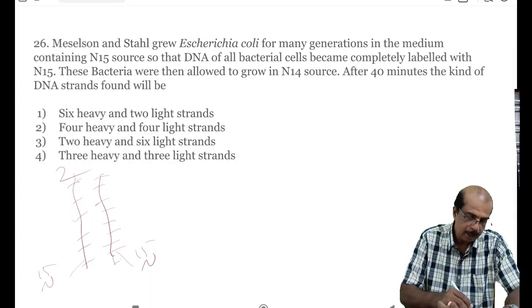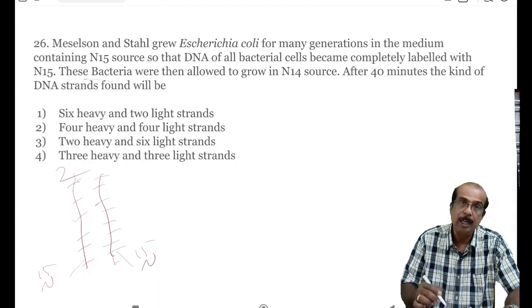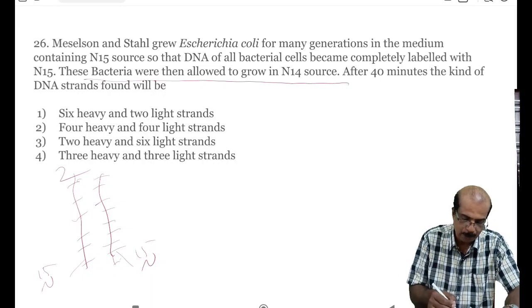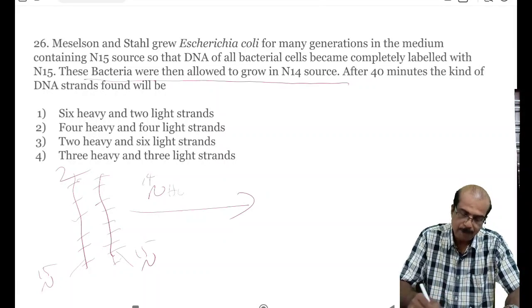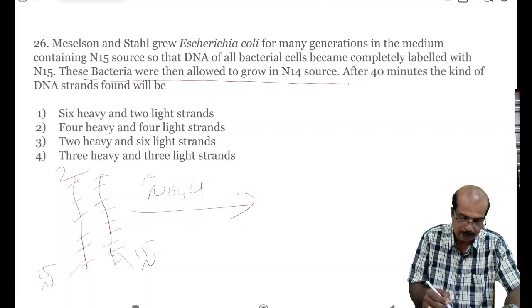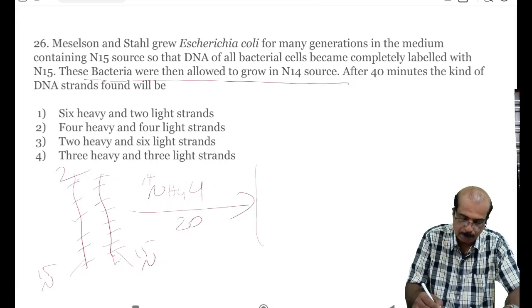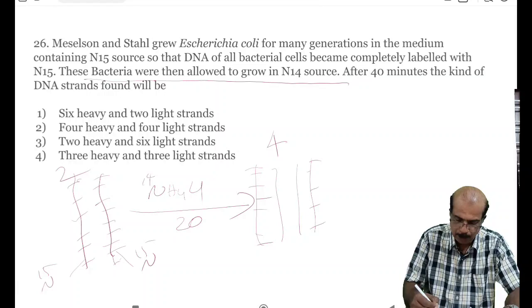Then these bacteria are allowed to grow in N14 source, NH4Cl. After 20 minutes, there will be semi-conservative mode of replication because there is normal nitrogen. Two new strands are formed. Here, 4 strands are there, 2 N15 and 2 N14.